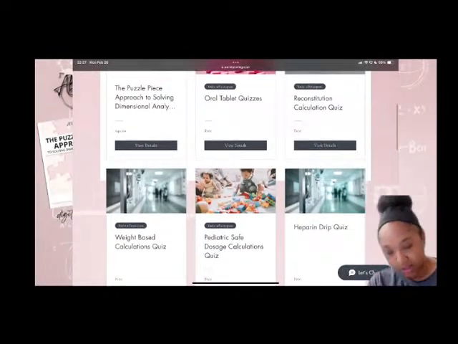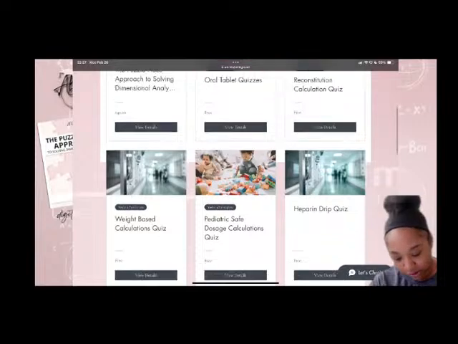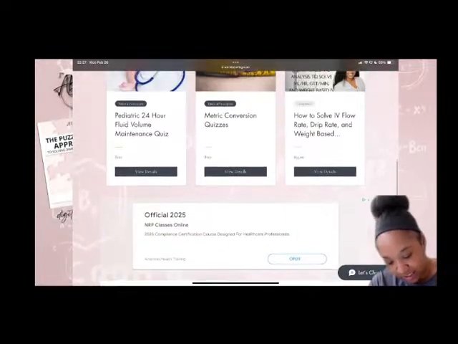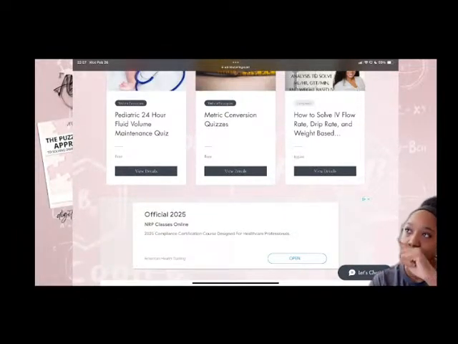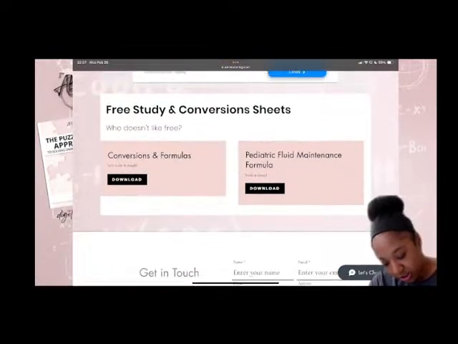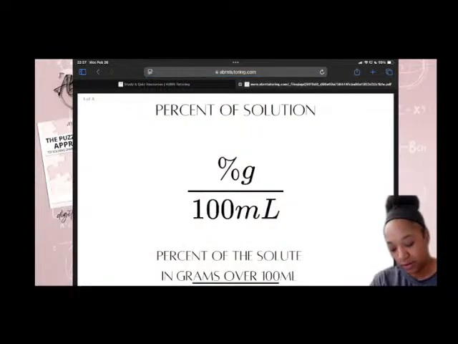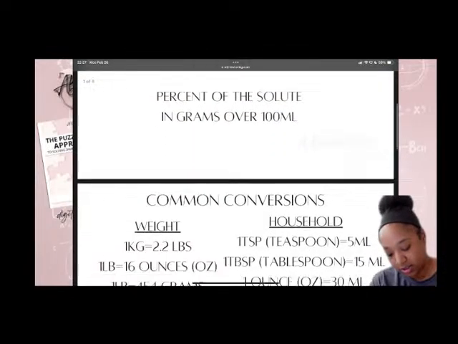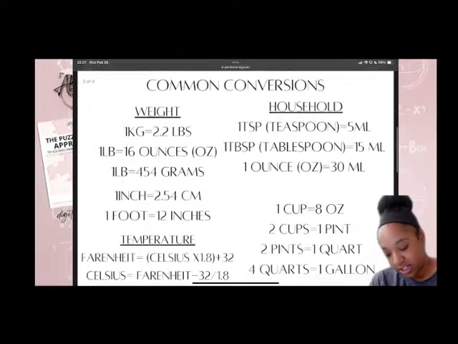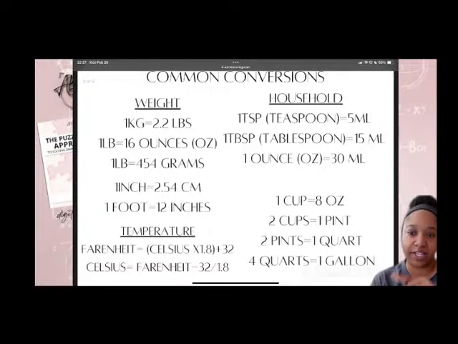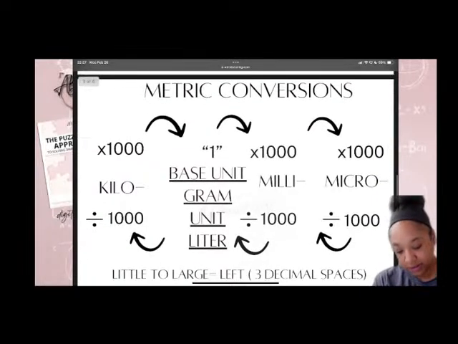Then you got some other practice quizzes that you can do. And that's the weight based for your IV drips and stuff. So, free study and conversion sheets. Download the conversions and your formulas, your percent, your common conversions. This is the stuff you need right here. Learn those.